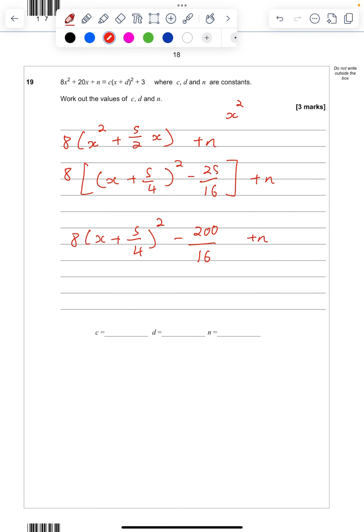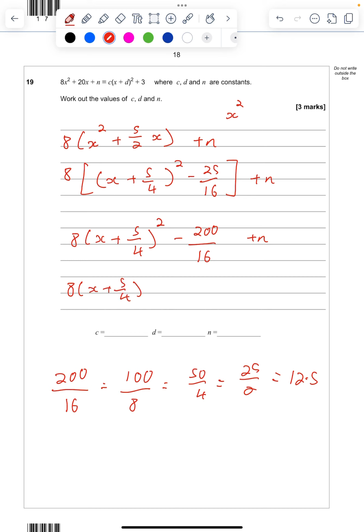You can just keep halving it, so you've got 200 over 16. If you're not sure what to do, just keep halving it. So 100 over 8, which is 50 over 4, which is 25 over 2, which as a decimal is going to be 12.5. So we've got 8 bracket x plus 5 over 4 squared minus 12.5 plus the n.